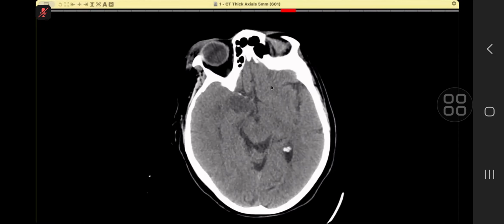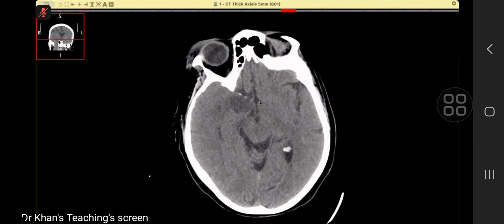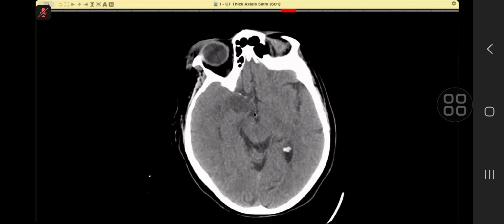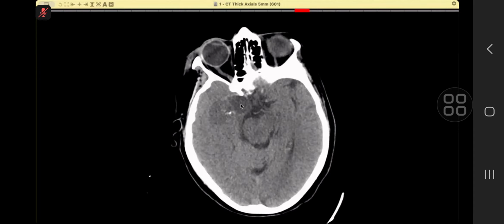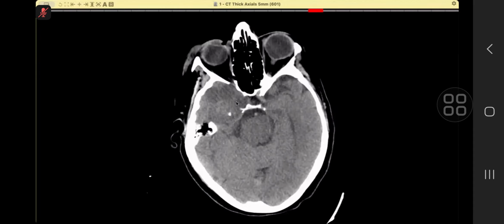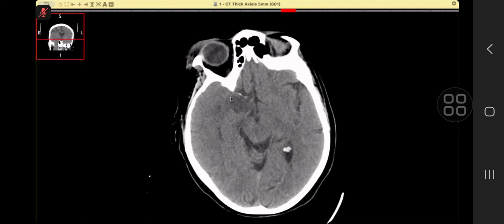Madam, excuse me, can you hear me? Yes, sir. There is nothing on the left side. Concentrate on the right. Okay, sorry. I can appreciate that there is a low density area involving the right temporal region, right over here, in the paracavernous location and extending and invading the right temporal lobe.